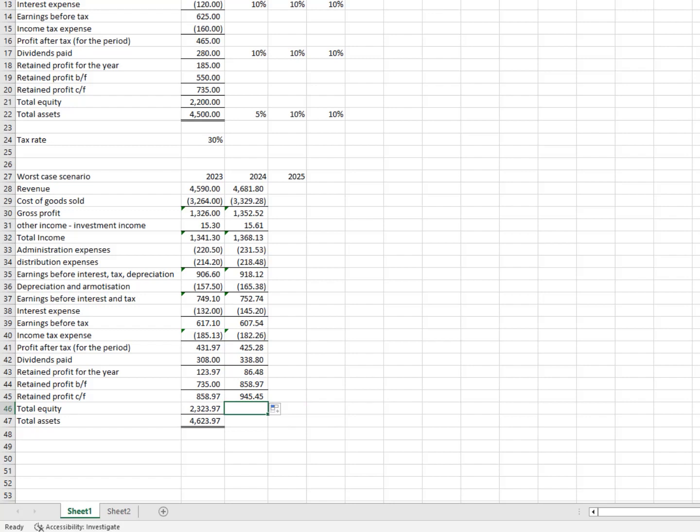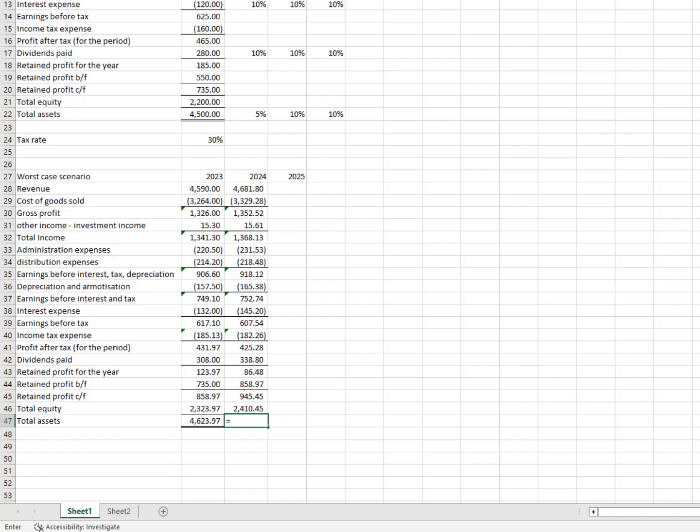Total equity will grow at the same amount as retained earnings. So we click the previous period's total equity plus the retained profit for the year. Click it like that, then hit enter. And then for the total assets, again, it will grow at the same level.